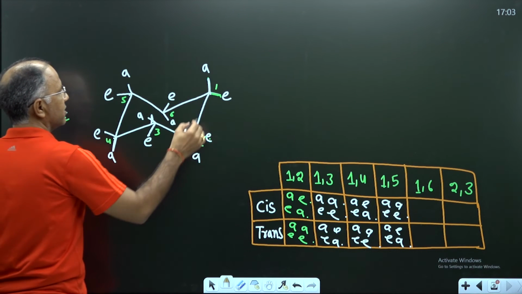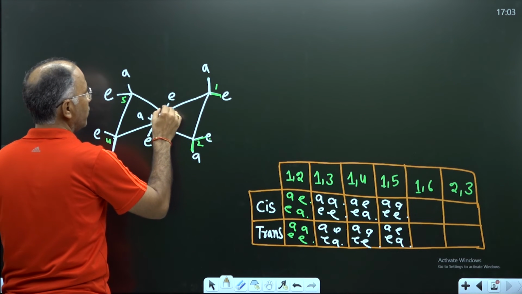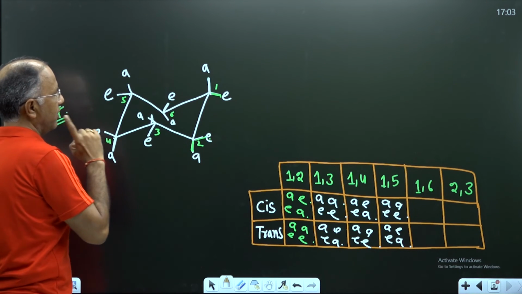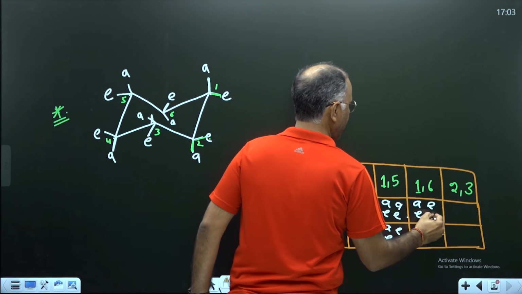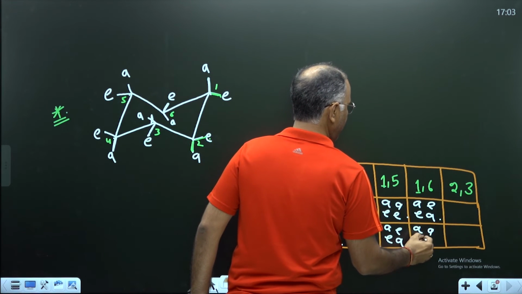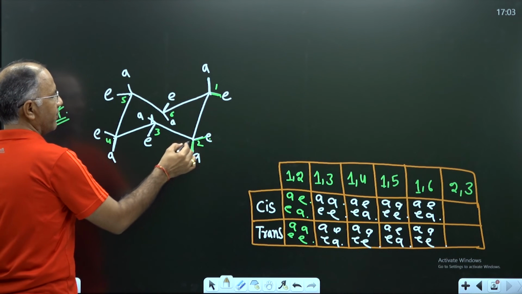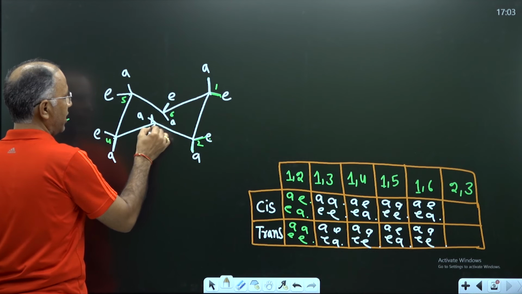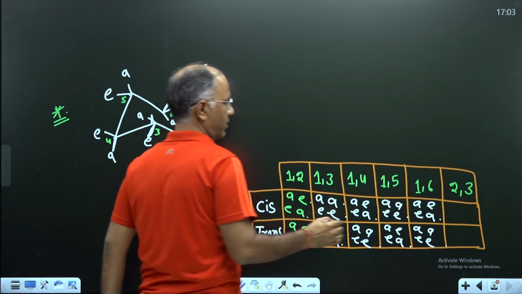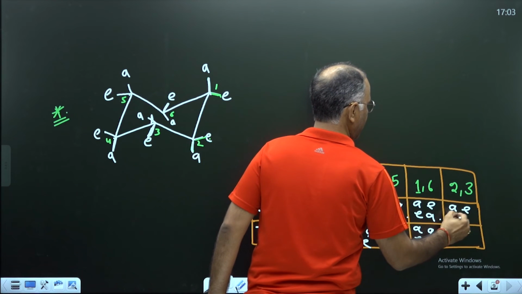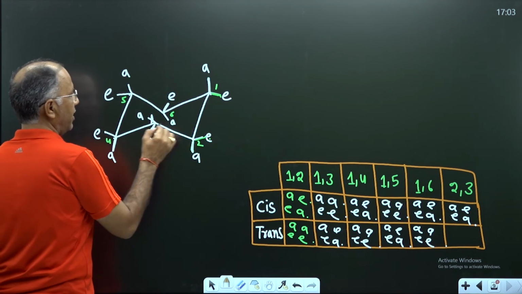In 1 and 6, A and E, E is up. So AE is our cis, EA is our cis, AA and EE are trans. Now what about 2 and 3? A down and E down. Down means it is a cis form, AE and EA. Now in 2nd and 3rd, E up and A up.